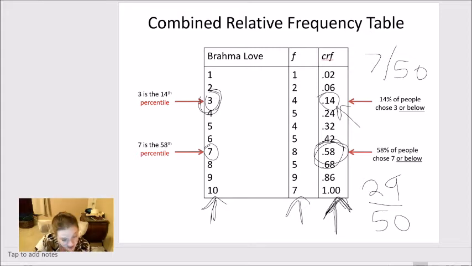So we know that 7 is at the 58th percentile because 58% of the folks chose 7 or below. So if you chose 7, you know that you are at or above 58% of the folks. Make sense? I certainly hope so. It's how you can identify percentile ranks.